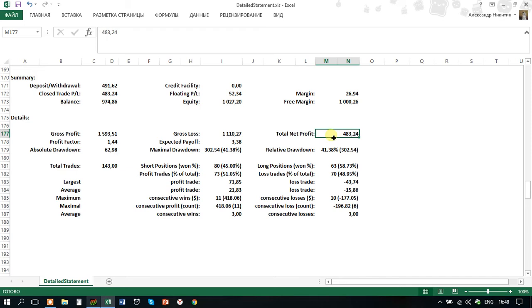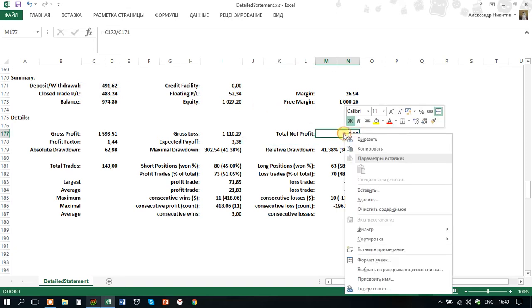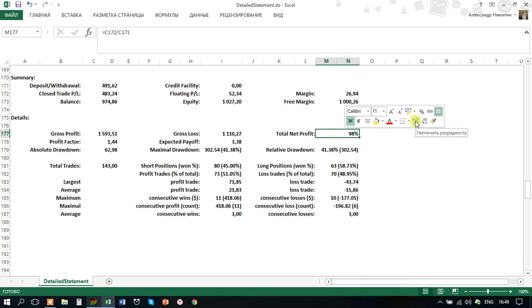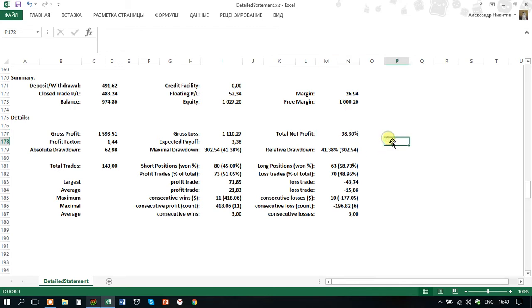Okay, total net profit, let's calculate the percentage. It equals what I have generated divided by what I started from. So it is 98%, almost 100% within a month. I've been trading for one month. Okay, 98.30.